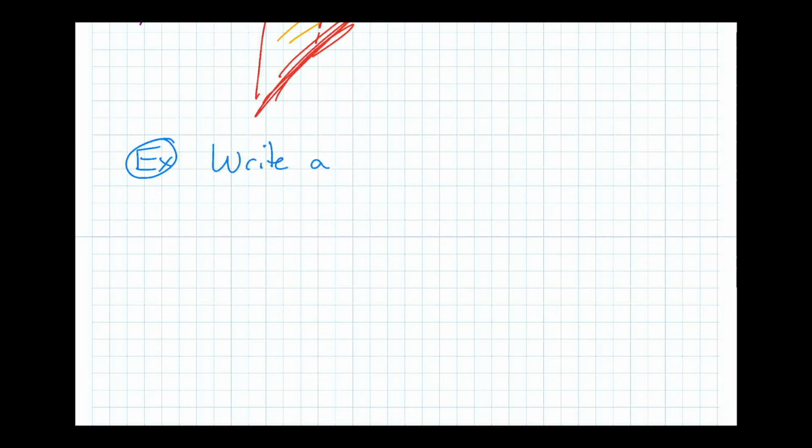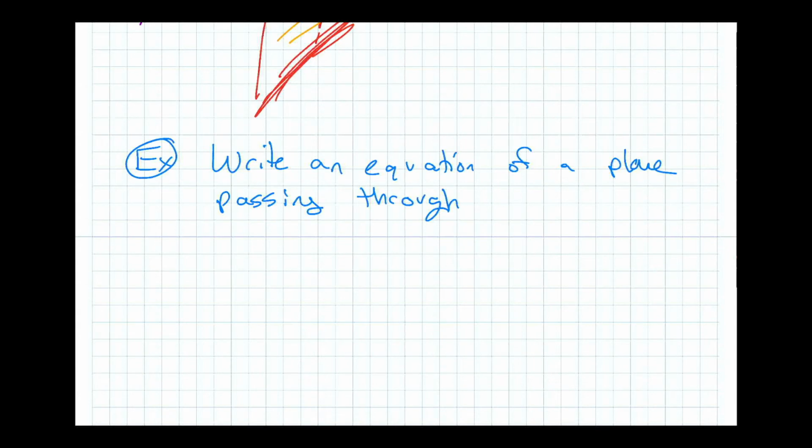Write an equation of a plane passing through. They give you a point, just any point. So like 3, 9, 15. There's a point, right?